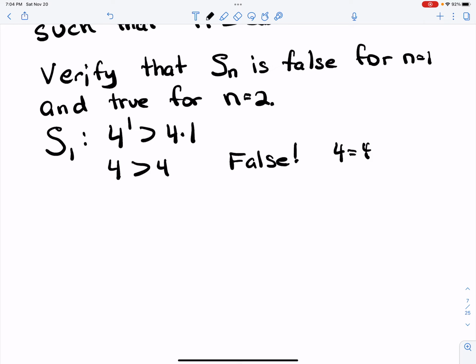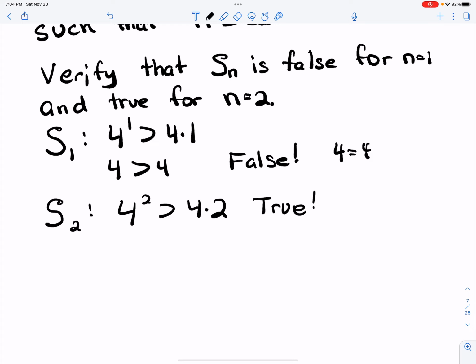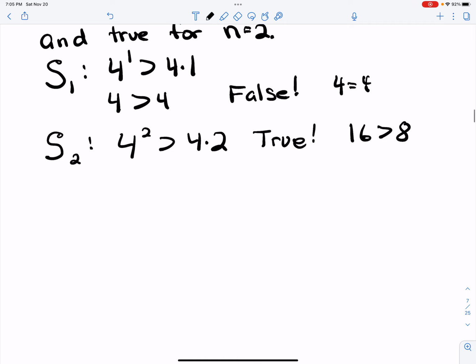We wanted to make sure of that, to make sure the original statement is on the right track. Then for S sub 2, that's our starting point in this problem, and we find that 4 squared is greater than 4 times 2. 16 is greater than 8. So there we go. Now we can write S sub k and assume true.